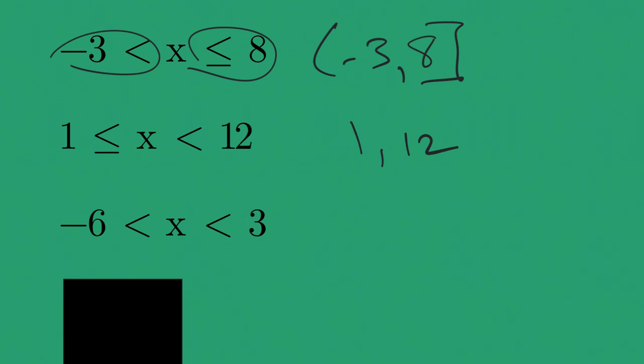Parenthesis or bracket around the 1? Bracket, because it's or equal to. Parenthesis or bracket around the 12? Parenthesis around the 12 because it's less than.